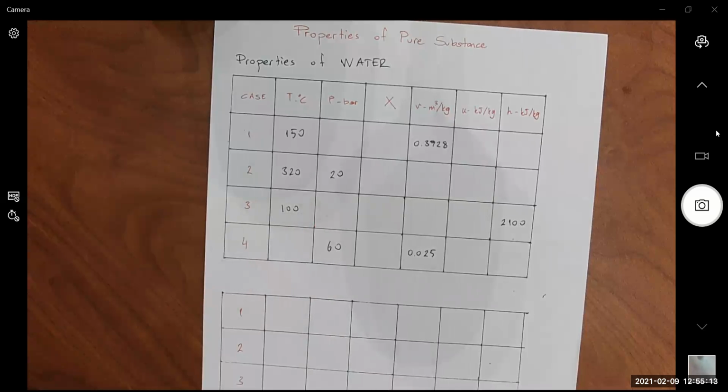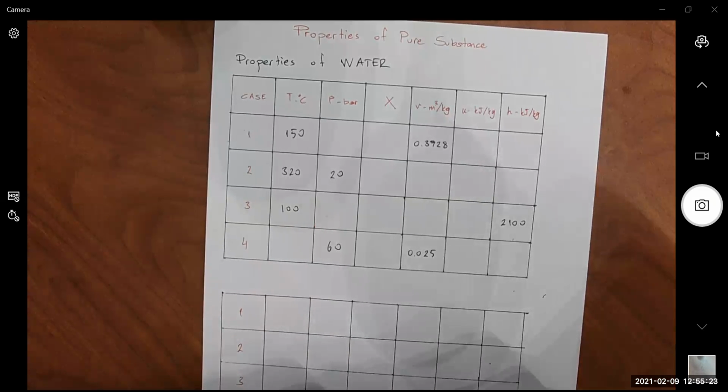In order for us to determine that, we need one more property, which is the given specific volume, 0.3928. At table A2 at 150 Celsius, right? Our specific volume is what? 0.3928 exactly, right?